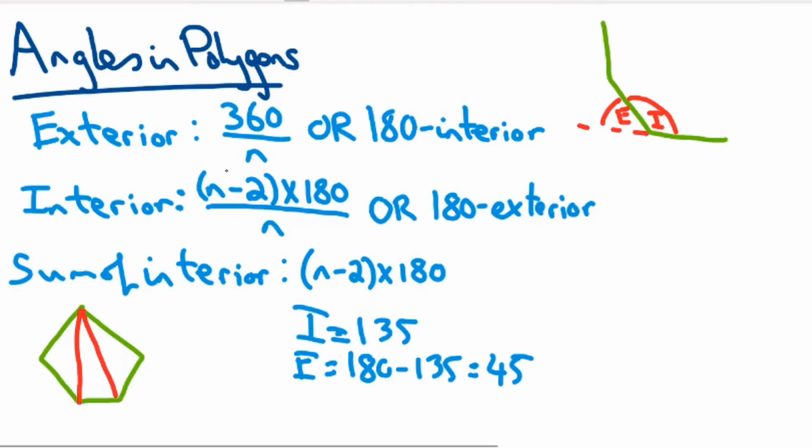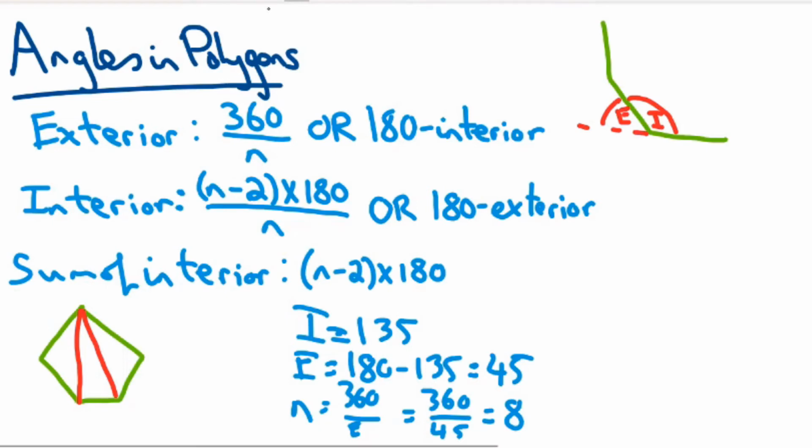Now, if the exterior angle equals 360 divided by the number of sides, if you want to rearrange this to make the number of sides the subject, you can times it up, and then you'll just have to divide by the exterior underneath. So in other words, n is going to equal 360 over the exterior, so 360 over 45, and that will give you that it is an 8-sided shape. It is a regular octagon.